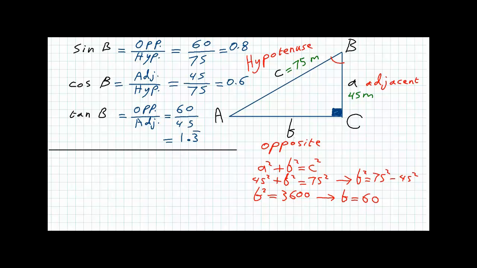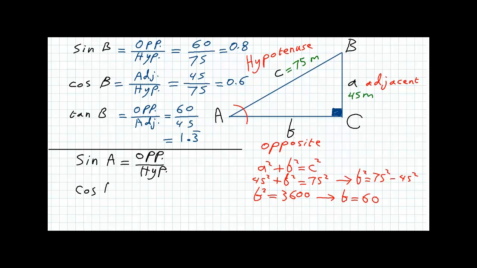Now, the same example. Suppose that we want to find the three trigonometric ratios for angle A, not angle B. We will do the same work, but with respect to angle A. So, the sine ratio for angle A is equal to the opposite to angle A over the hypotenuse.